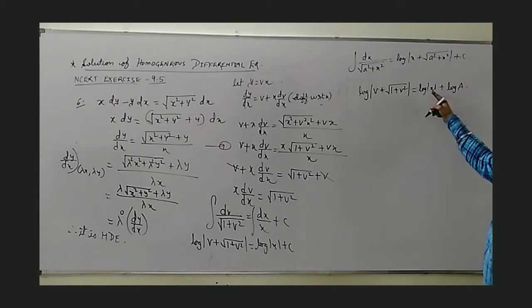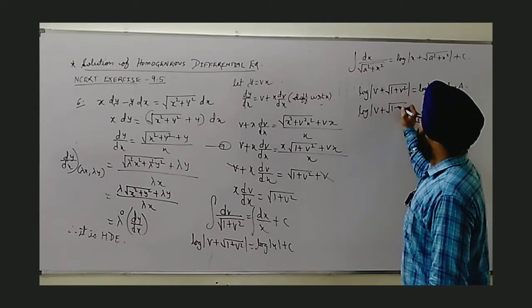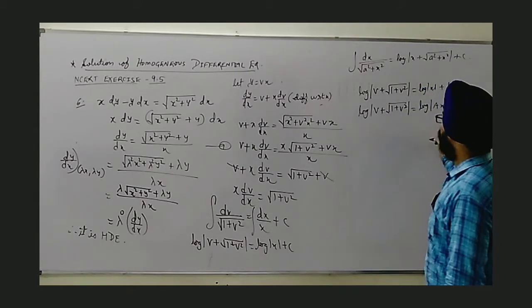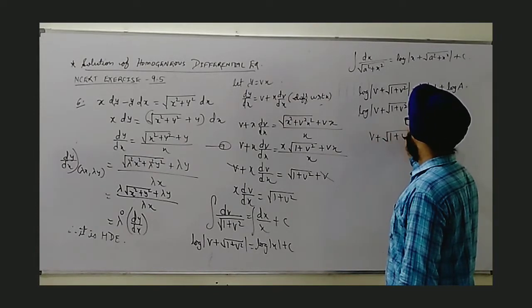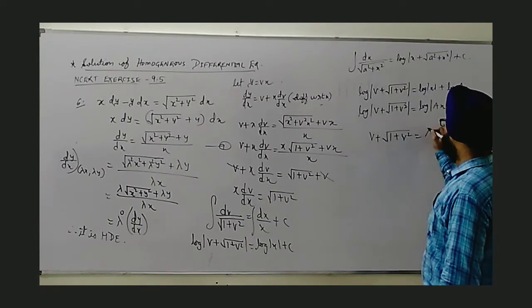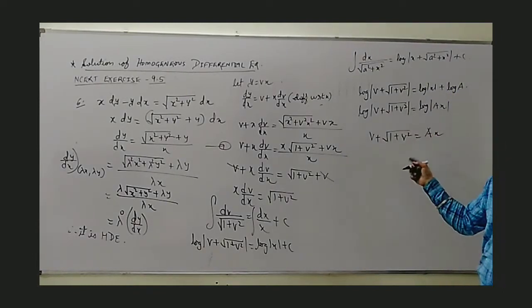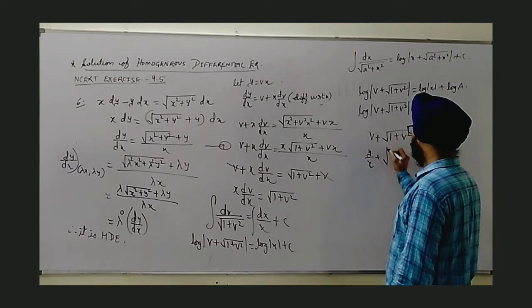Constant again. Clubbing them, I find log of mod v plus under root 1 plus v square equal to log of mod ax. By comparison, v plus under root 1 plus v square can be written as ax. Log eliminated. Now at this stage we put the value of v as y upon x everywhere.